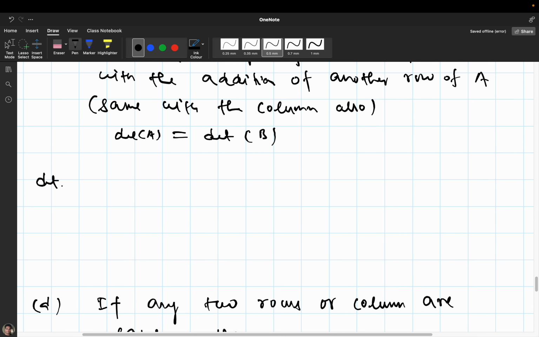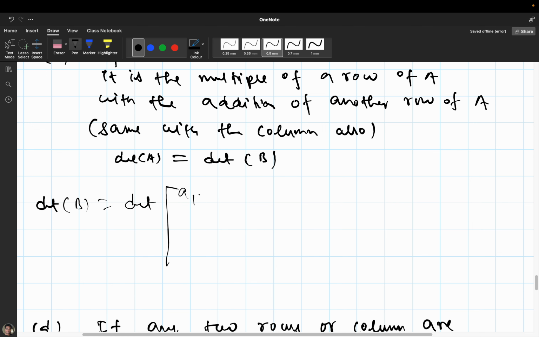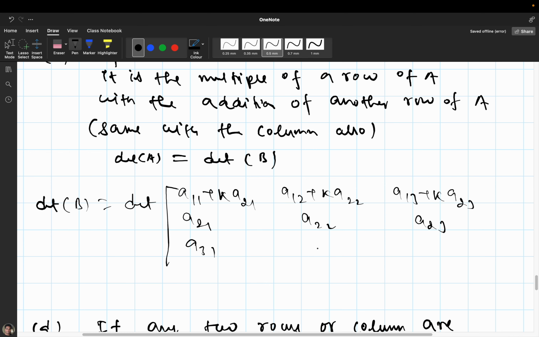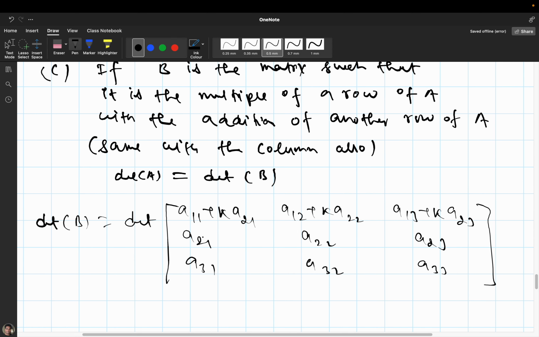So, the determinant of B is what? The determinant of the matrix with first row A11 plus K times A21, A12 plus K times A22, A13 plus K times A23, and then rows A21 A22 A23 and A31 A32 A33, right?